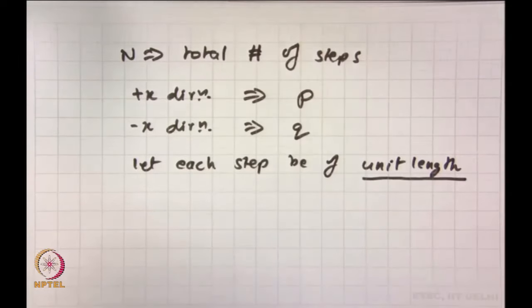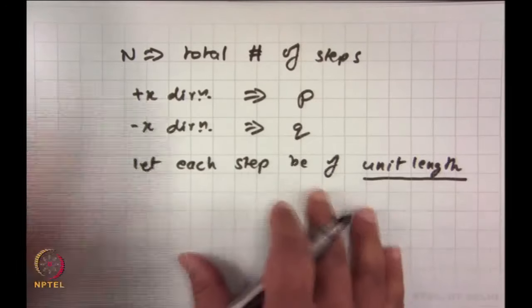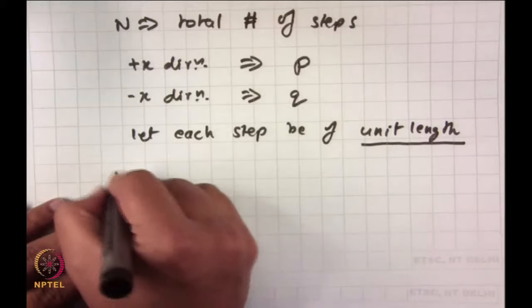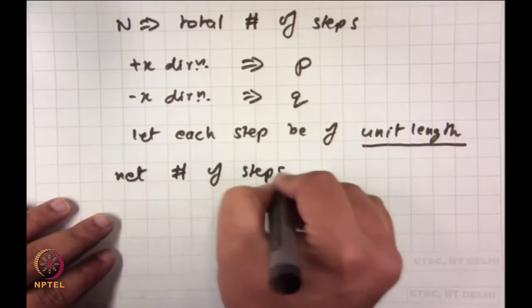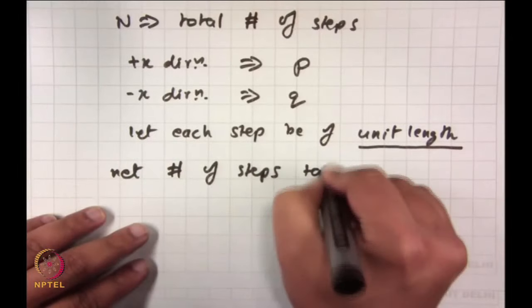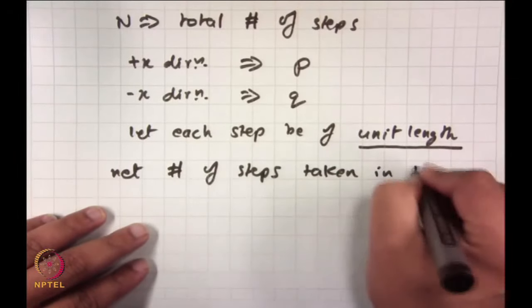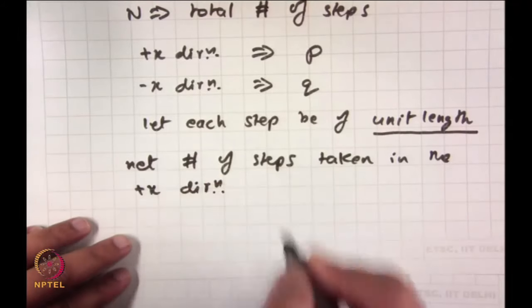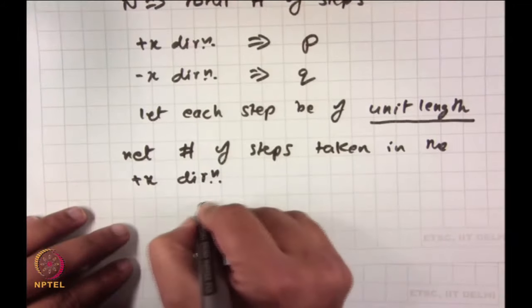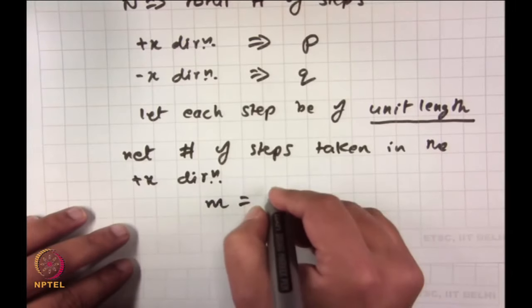It is just a simplification. If you want, you can even take it L, no problem, but I am just taking L equal to 1, it does not matter what the units are. So, it is of unit length. So, I can write the net number of steps taken in the positive x direction as m is equal to, what should I write now?